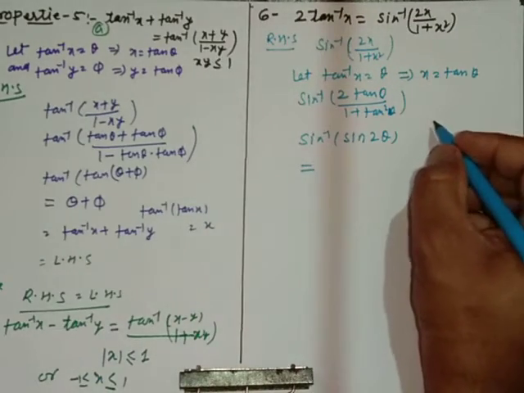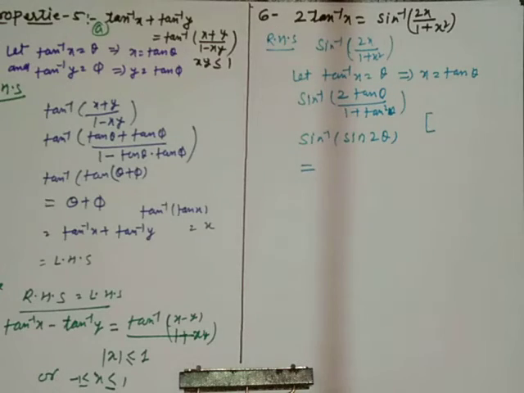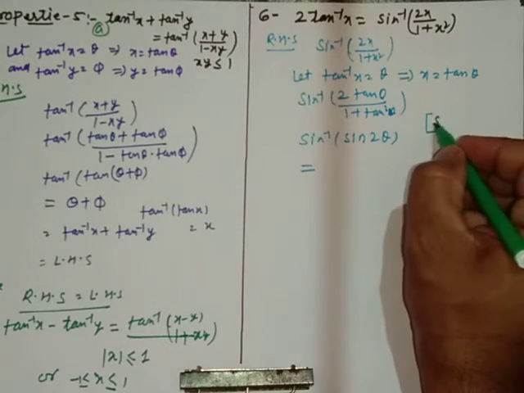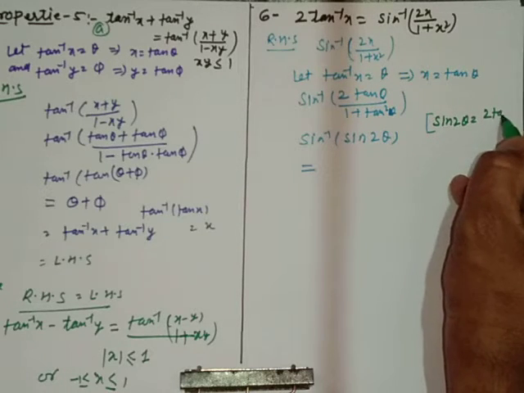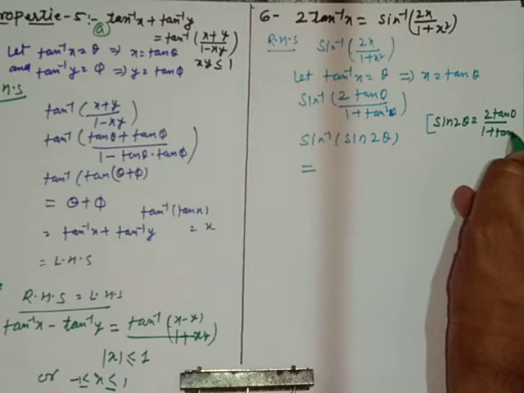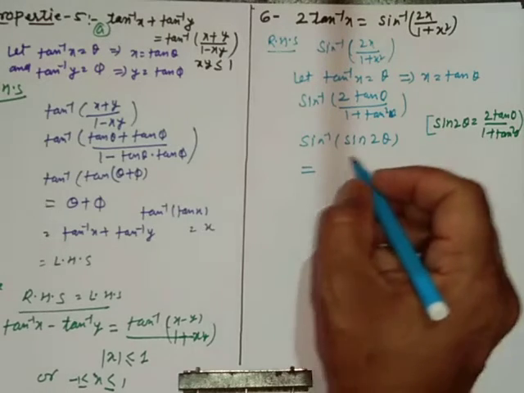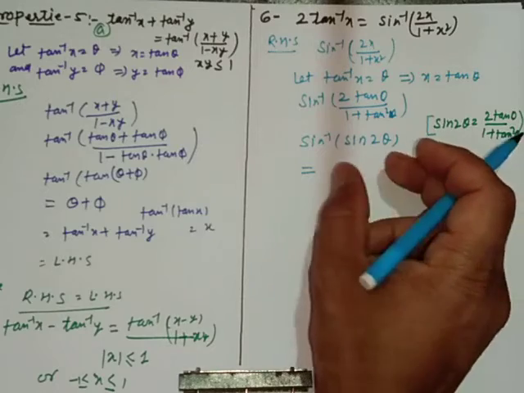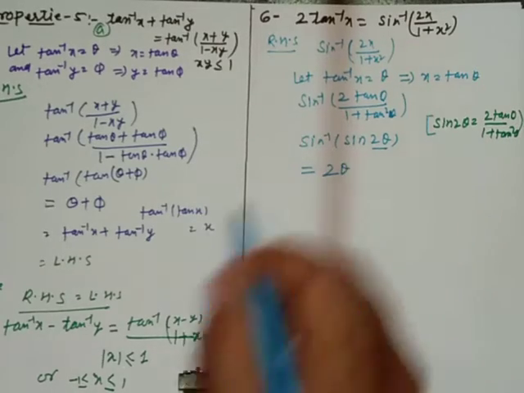And you remember the property: sine 2 theta is equal to 2 tan theta upon 1 plus tan square theta. Clear? So this property must be remembered, that is used in class 11.